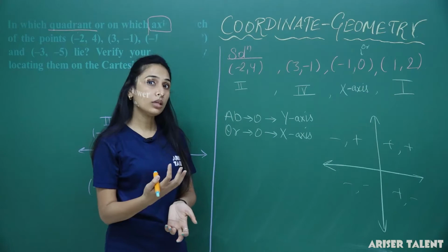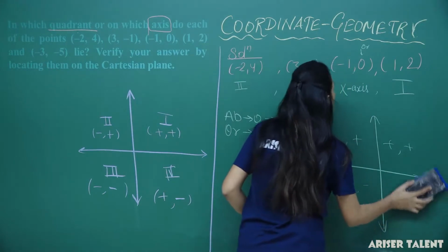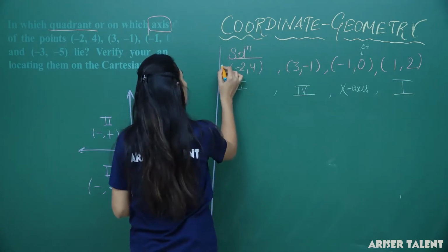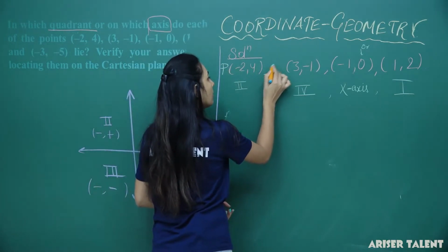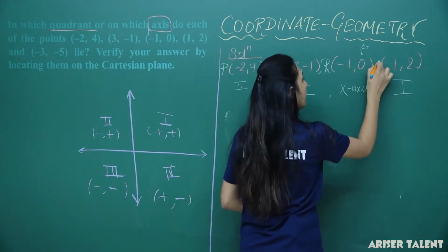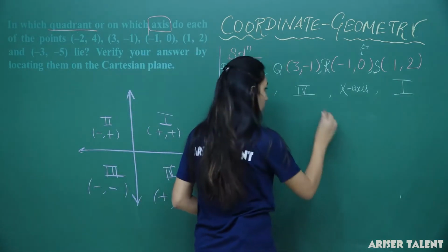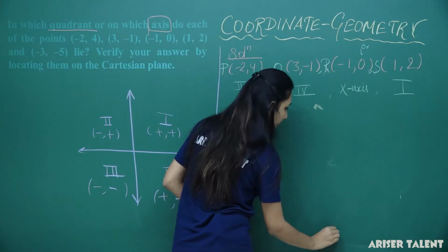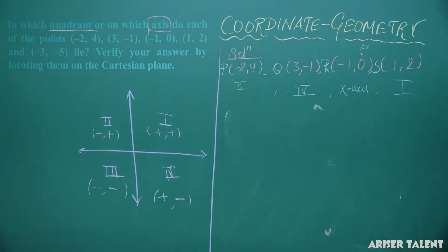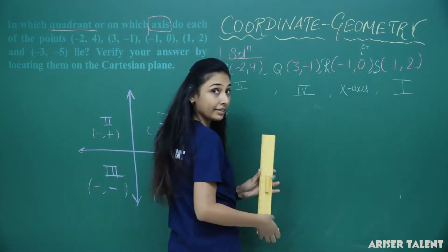Now how will you justify your answer? In order to justify it, we will name these points P, Q, R and S, and draw these points on our axes. Use your scale, as I was telling you that you are going to use a scale.